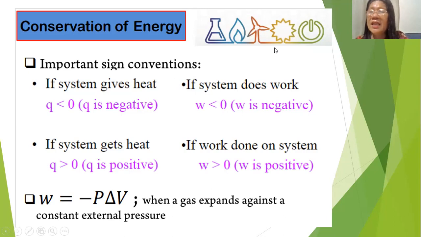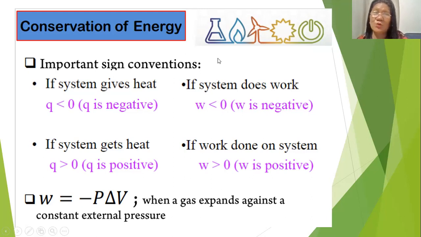Then, in work, now, if system does work, kung ang system mo nag-apply og work, okay, what happened? Work is less than 0, therefore work is negative. Basta dumdumong gani mo ang heat is less than 0, negative. W gani is less than 0, it's negative also. So if work done on the system, what happened? Work is greater than 0, therefore work is positive. Diba?